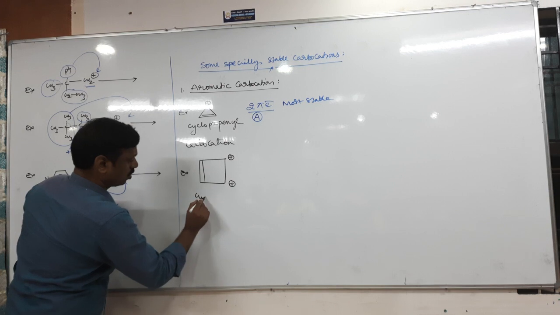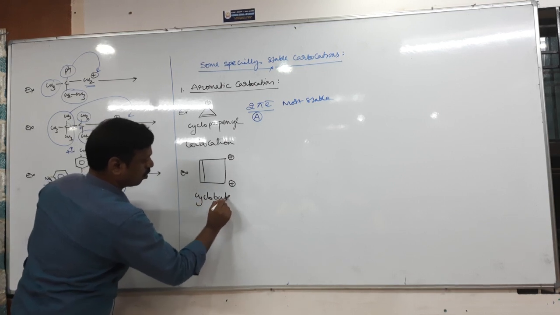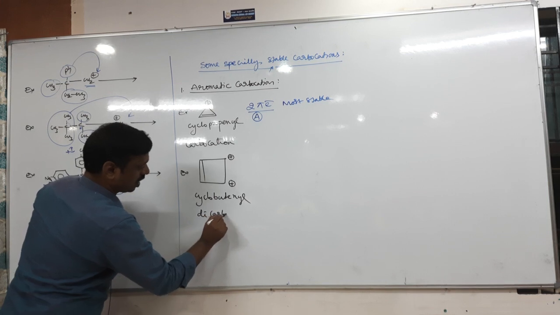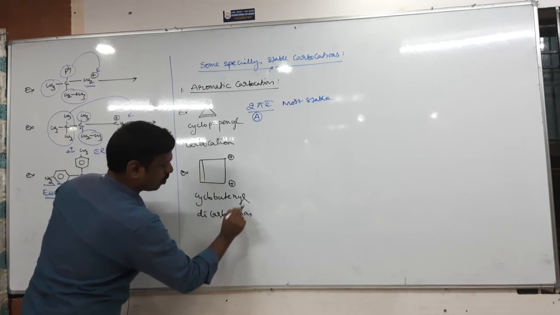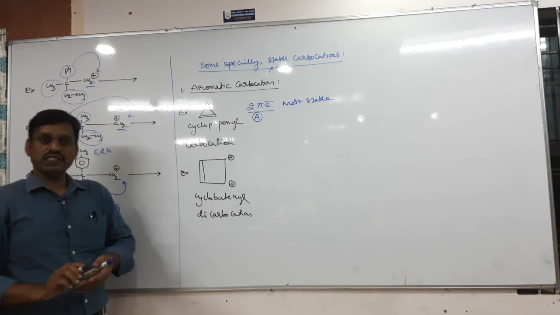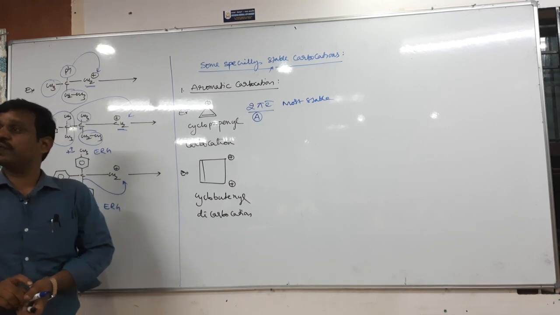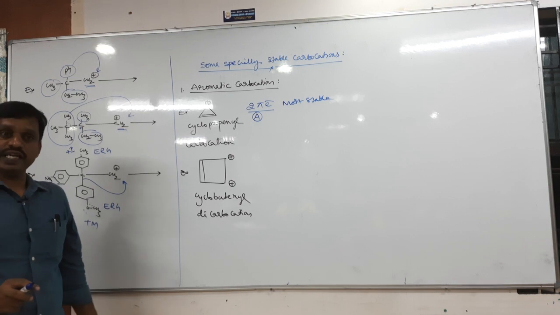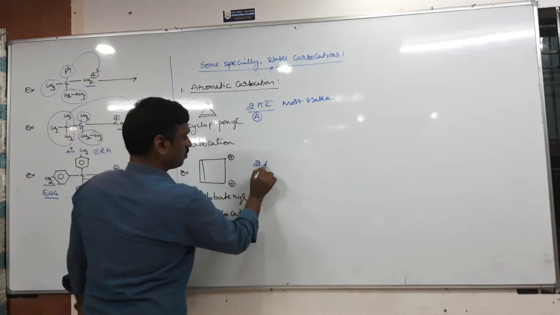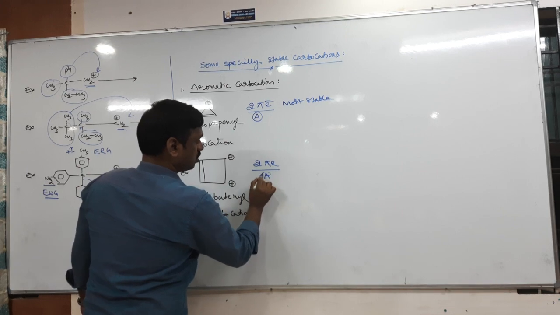So cyclobutenyl dicarbocation means 2 positive charges will be there. Come on, tell me, is it stable or unstable? Stable. Why? Aromaticity. So it also has 2 pi electrons and it is aromatic.